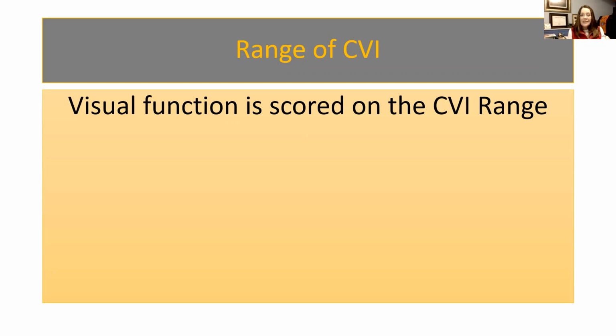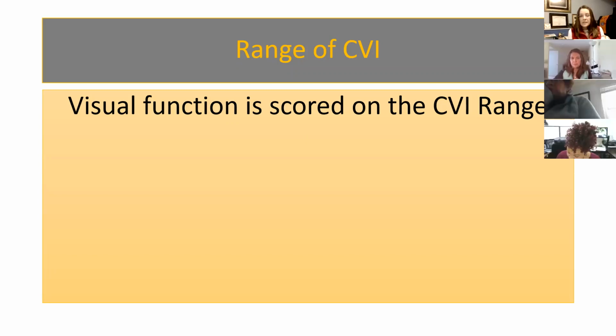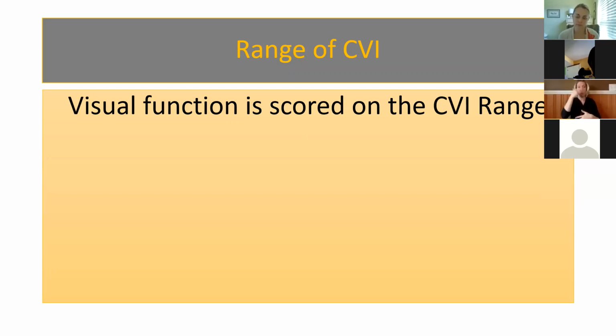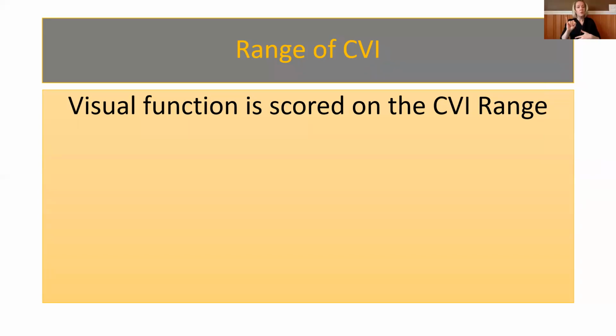And so lots of times the CVI diagnosis is overlooked because it falls into other categories of cognition or hearing loss. And when we miss that CVI diagnosis, then we're missing the opportunity to really help them use their functional vision.